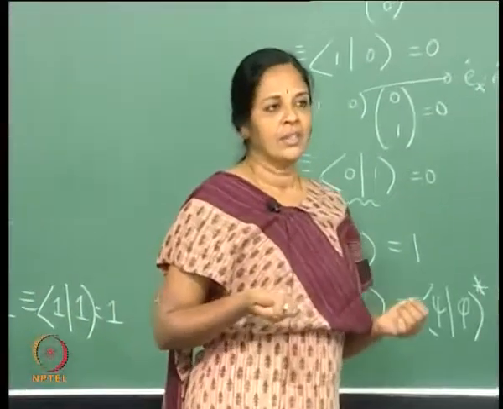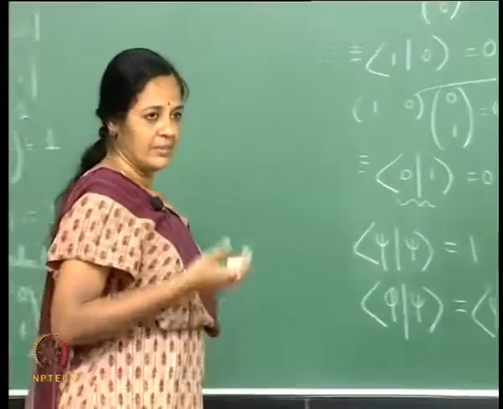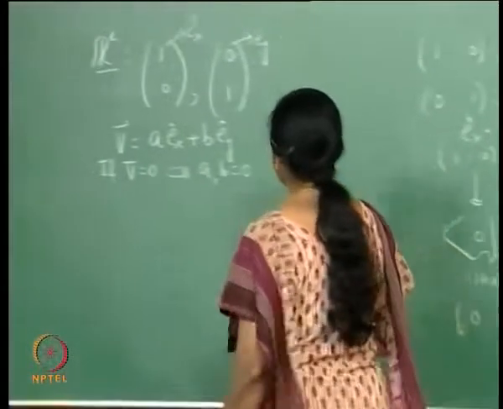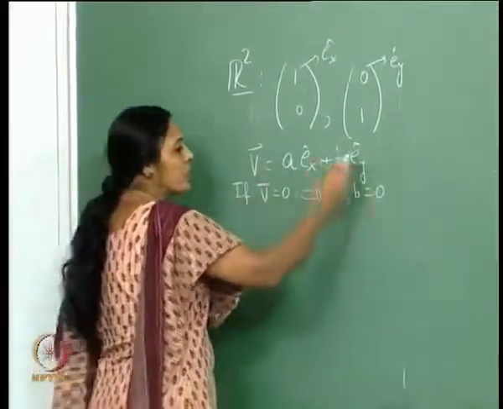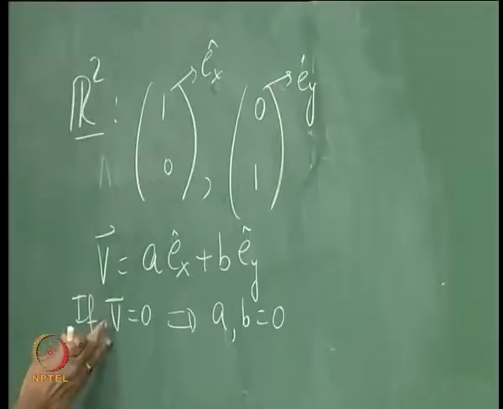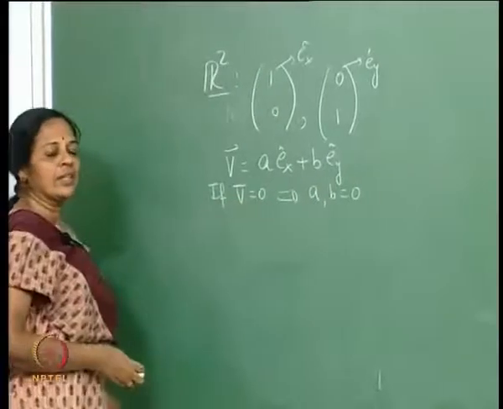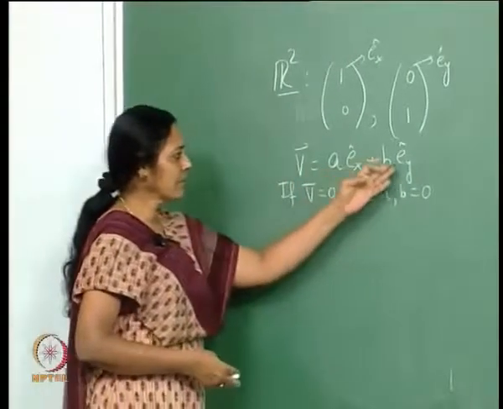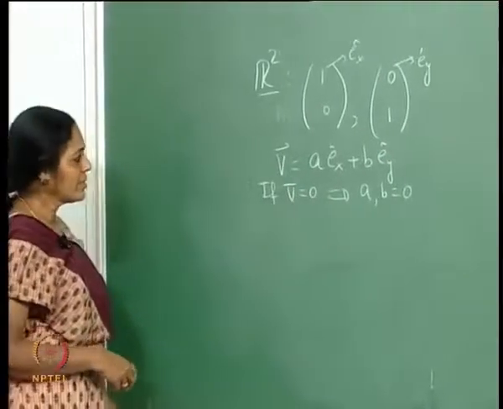In general, I will say that a set of vectors are linearly independent in the linear vector space considered if I make a superposition of all those vectors, and if that superposition is 0 implies that the coefficients are all 0, then you say that the vectors which are used to form the superposition are linearly independent.